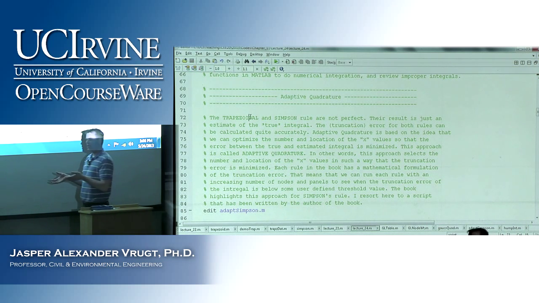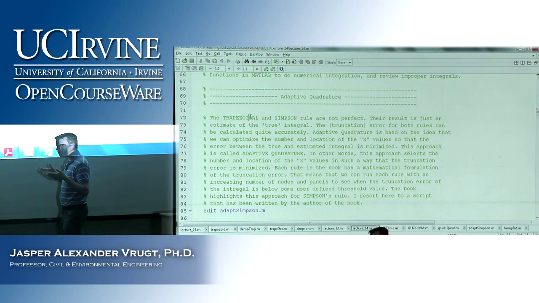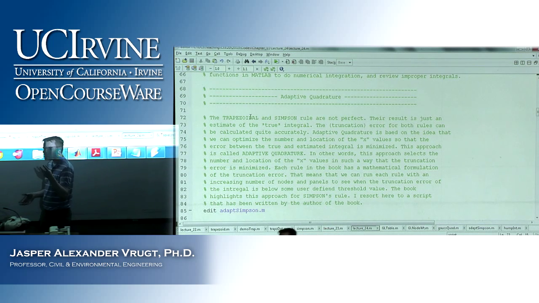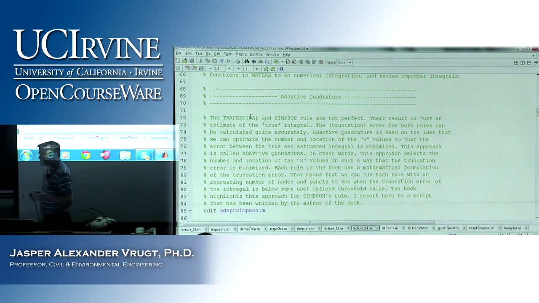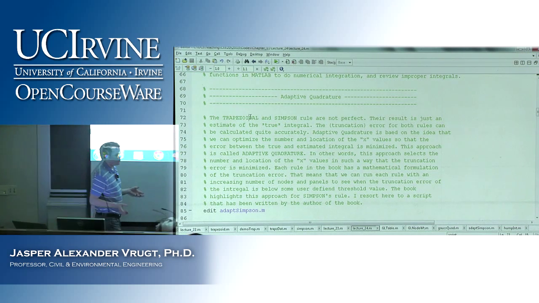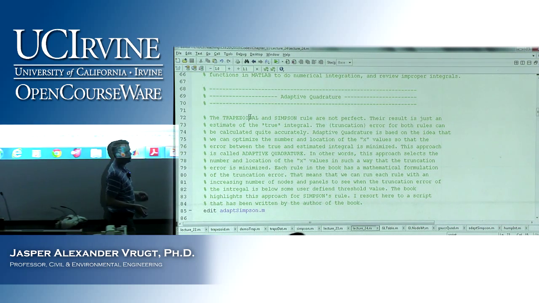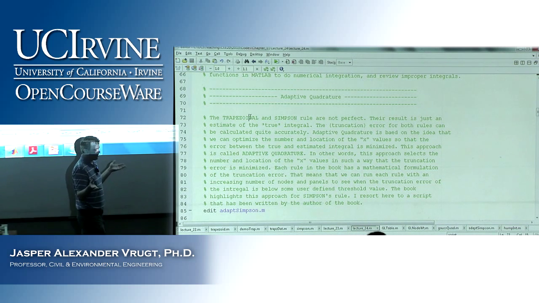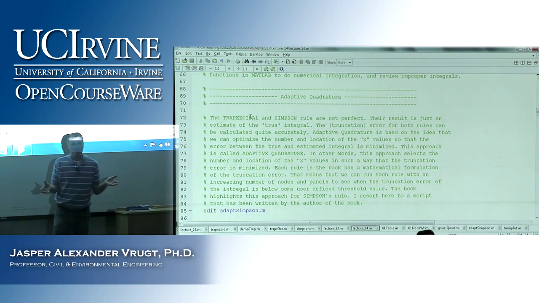In cases where you don't have a function, but you only have x versus y values, you need to resort to a trapezoidal rule, where you do a composite implementation, because there's no other choice.